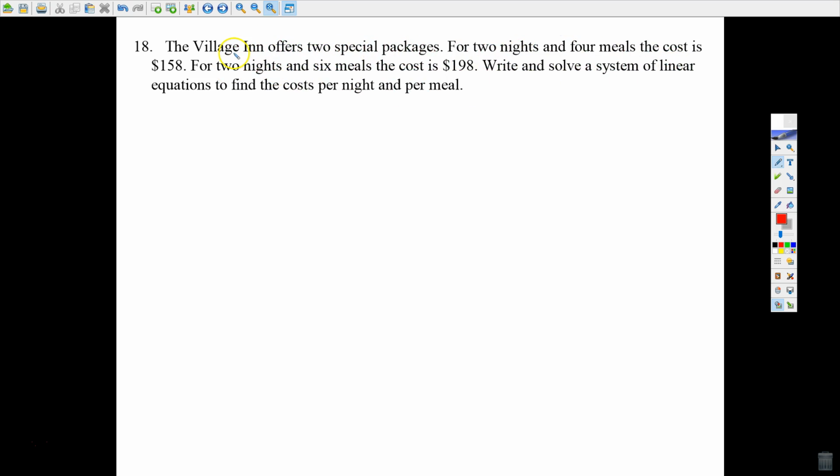So this particular motel has 2 packages, and the packages contain so much that it costs to stay a night and so much for meals. Our job is to figure out how much it costs to stay a night, and how much is a meal.